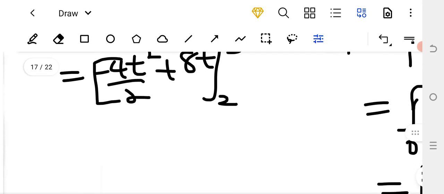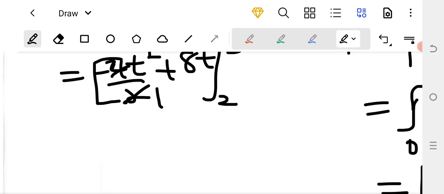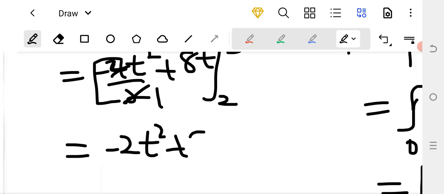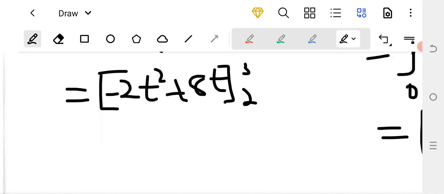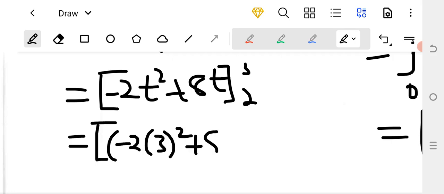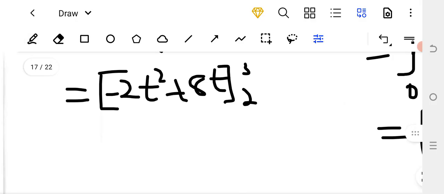2 can go into itself, 1 into 4 is a 2, so it's going to be equal to negative 2t squared plus 8t from 2 to 3, which is equal to negative 2 multiplied by 3 squared plus 8 multiplied by 3, then minus the value that we found here.